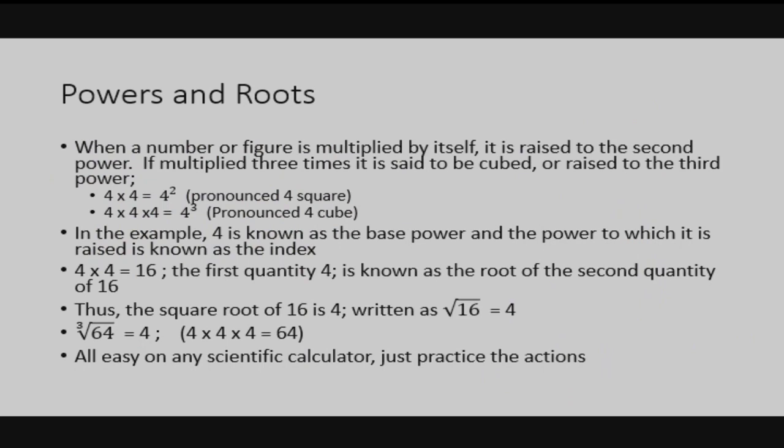Power and roots. Okay, now we must pay attention to this one. The power and the roots. When a number or a figure is multiplied by itself, so let's take 3 times 3. It's multiplied by itself.